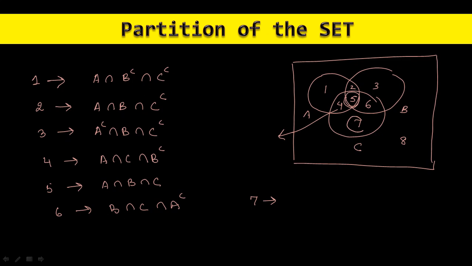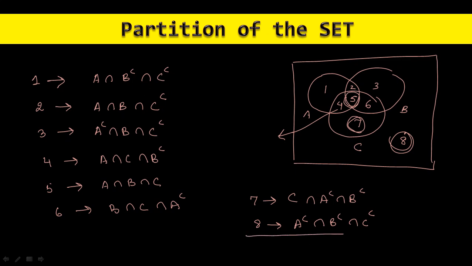This one is 7. 7 comprises C only. It means C intersection A complement intersection B complement. What about 8? 8 lies outside. It means neither A nor B nor C, all the 3 are absent. This one is partition number 8.